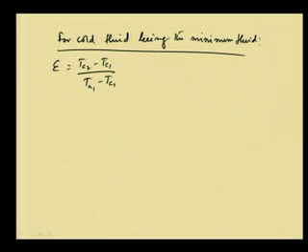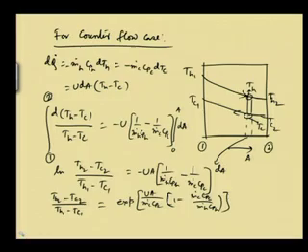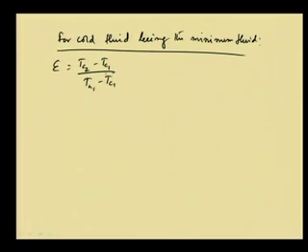Now here, because it is a counter current flow, this will not be Tc2 minus Tc1. We can see there Tc2 is smaller than Tc1, so it should be Tc1 minus Tc2 by Th1 minus Th2.